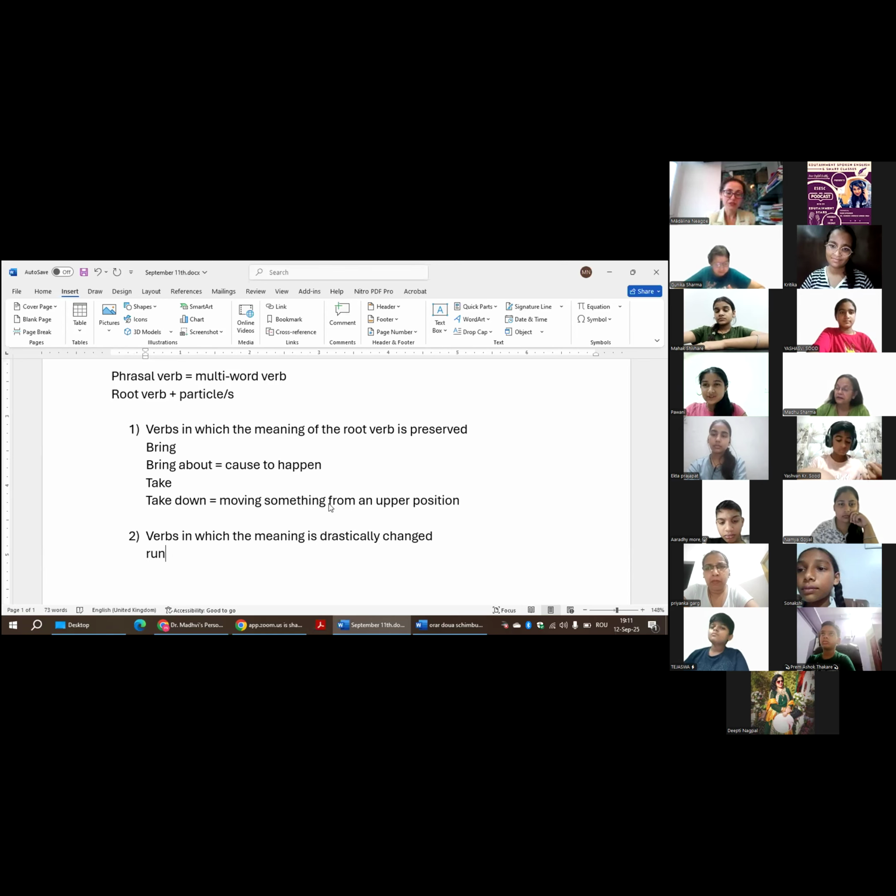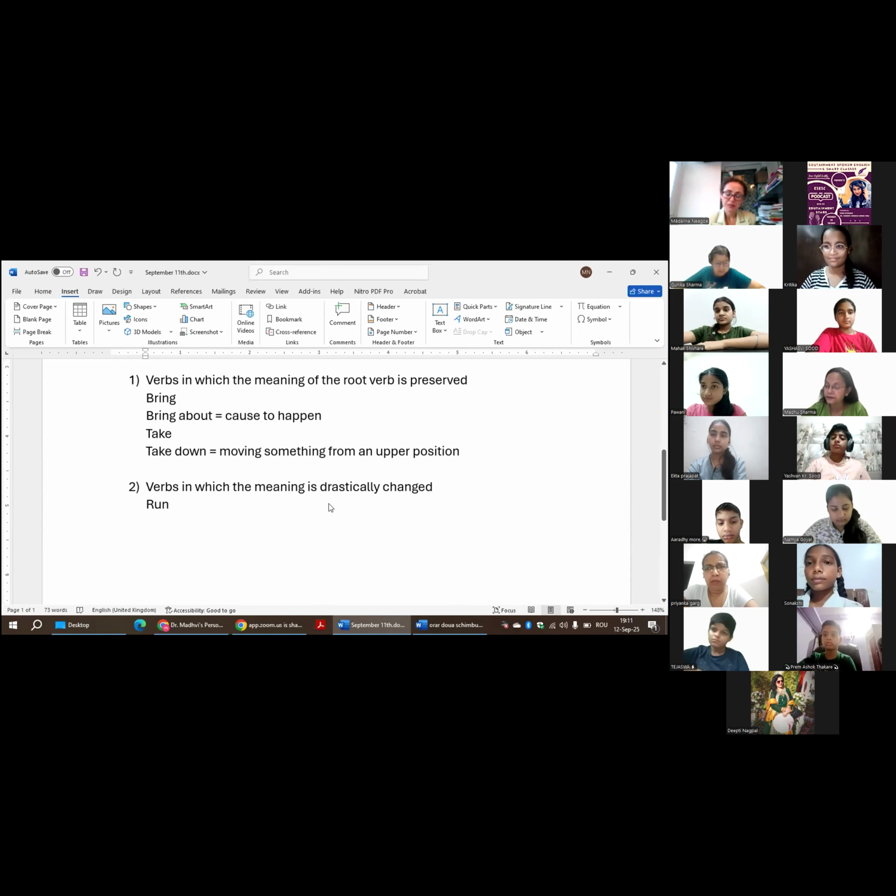One of my favorite phrasal verbs that we use a lot starts from the root run. And of course, I'm sure everybody knows what run means, right? So to walk very, very fast, move speedily in a certain direction.